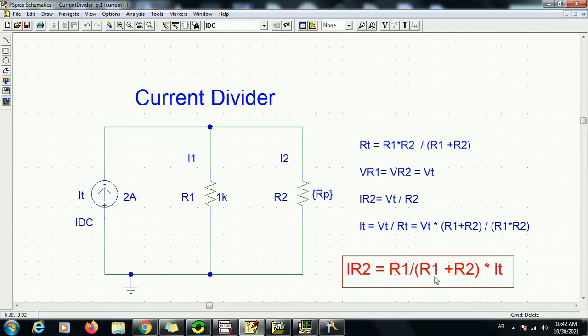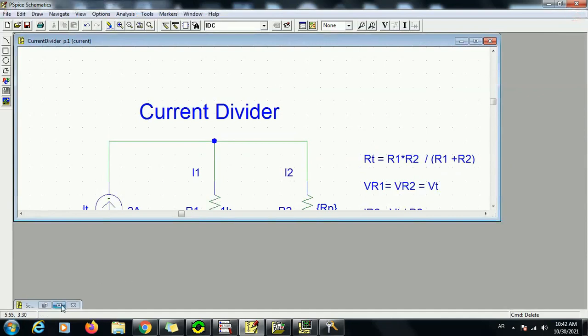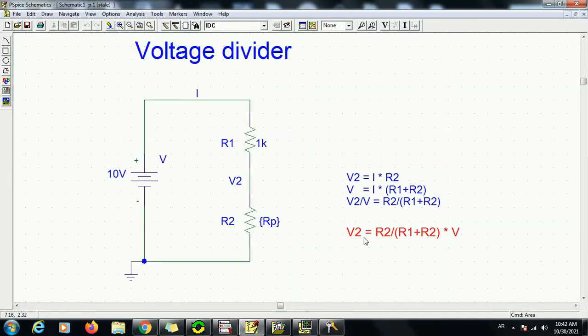One remark about this formula is that it looks similar to the voltage divider formula that we derived before. The voltage divider formula was: the voltage drop across R2, V2, is R2 divided by the sum of the two resistors, R1 plus R2, multiplied by the total voltage drop.